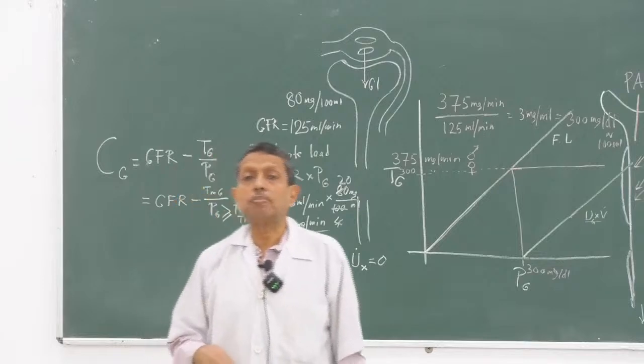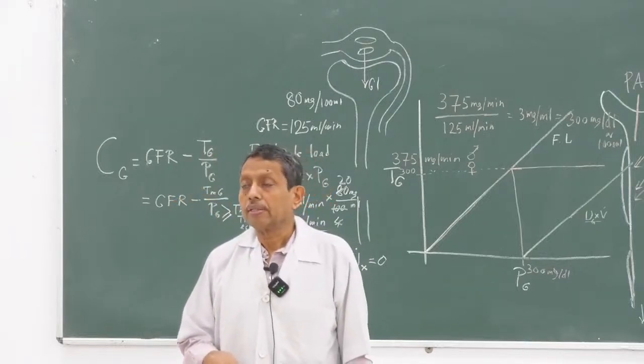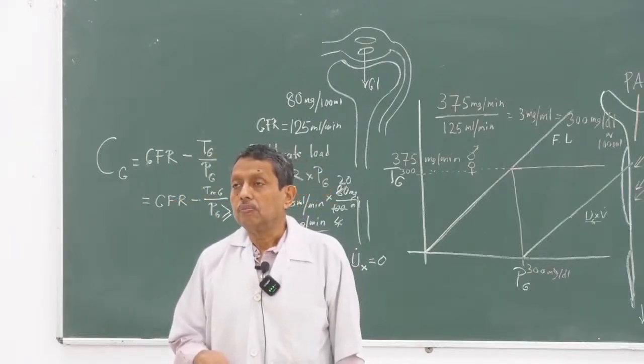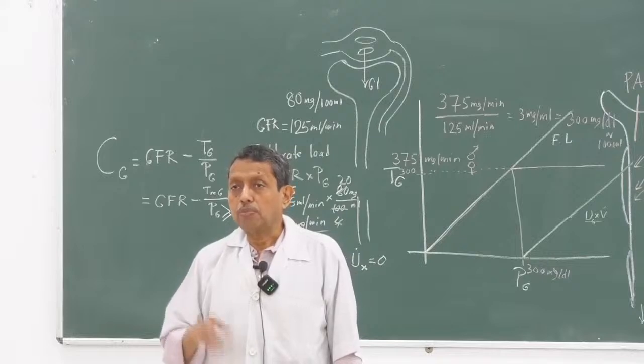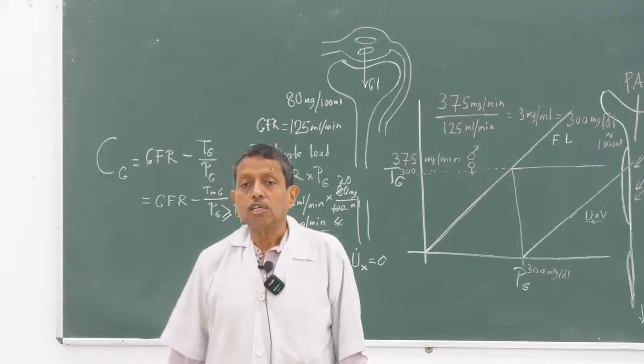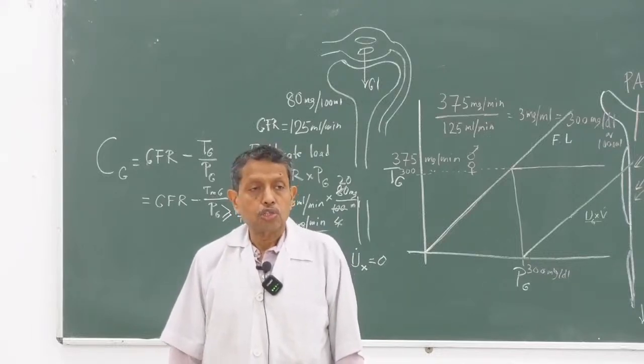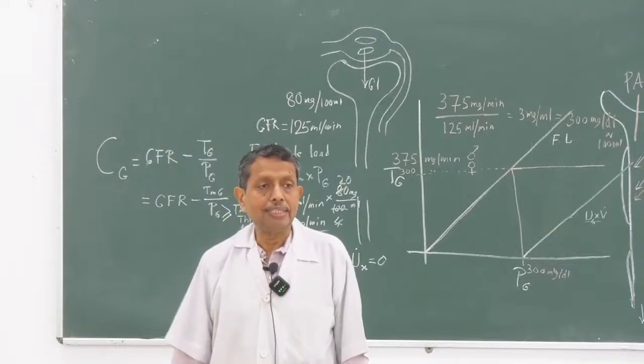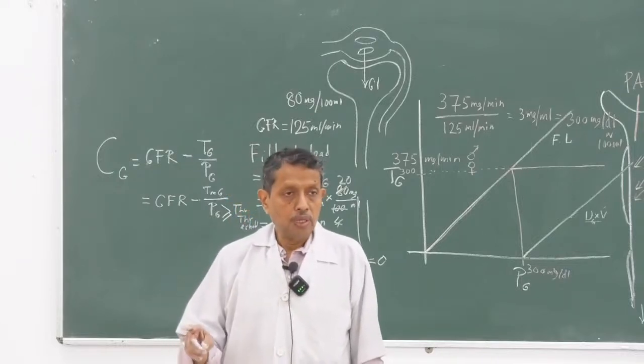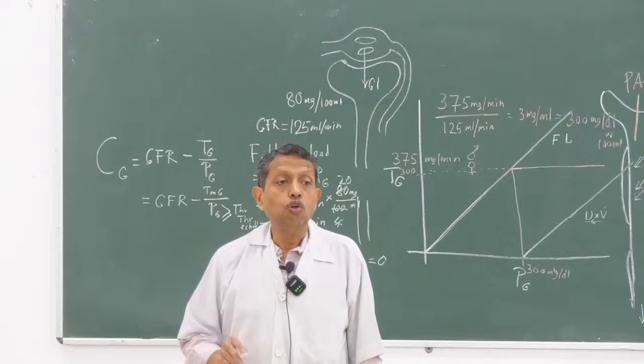Glucose is a secondary active transport. It is absorbed along with sodium ion, by the sodium glucose transporter, SGLT2, that is placed at the luminal border.